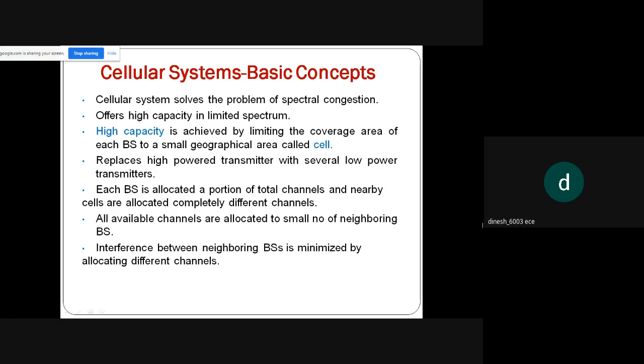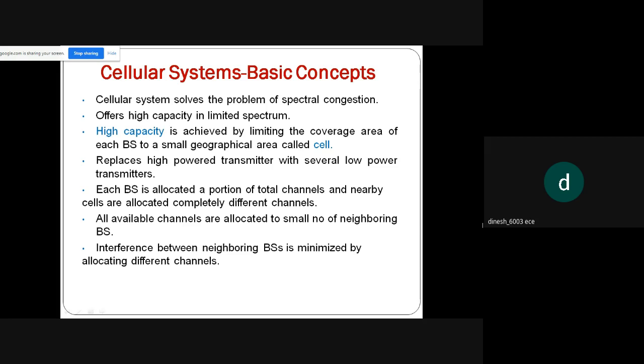The cellular systems provided a very good solution to this spectral congestion, offering high capacity with the limited spectrum resources available.